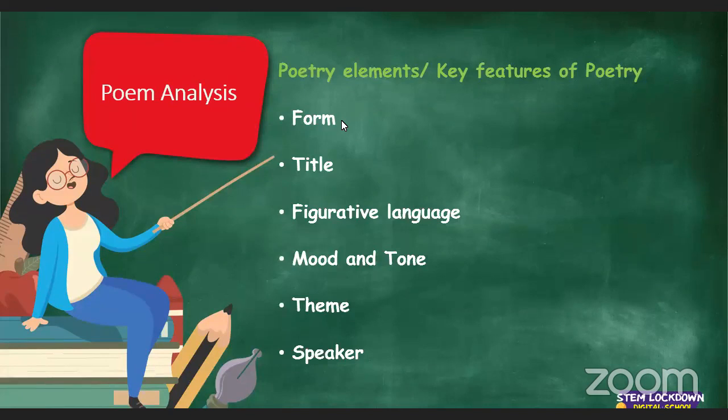That is the length of the lines, the rhythm, the rhyme, and repetition. And then you look at the title. After looking at the title, you read the poem, and you start thinking, how does the title relate to the actual poem? And then from there on, you look at the figurative language, that is your figures of speech.